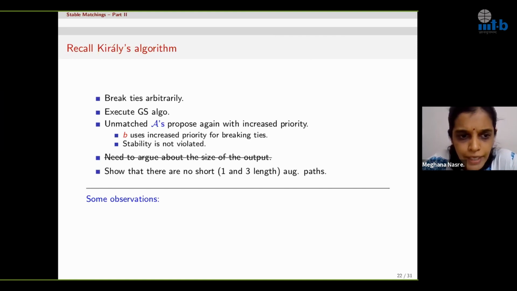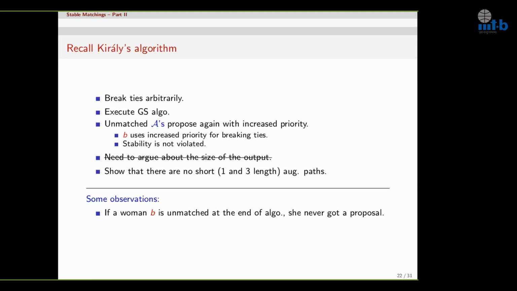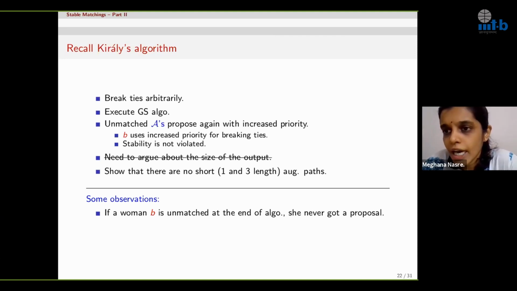We will make some observations about Kiraya's algorithm. Say a woman was unmatched at the end of the algorithm. How did our algorithm work? It breaks ties arbitrarily, executes the Gale and Shapley algorithm, and then unmatched men propose with increased priority. If the woman is unmatched at the end, she never received a proposal, because if a woman is unmatched and receives a proposal, she will immediately accept it.